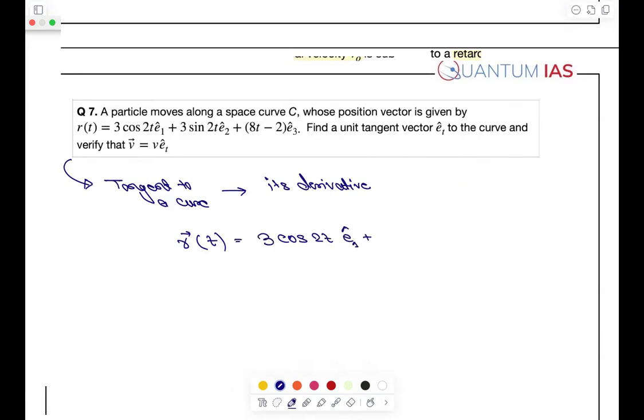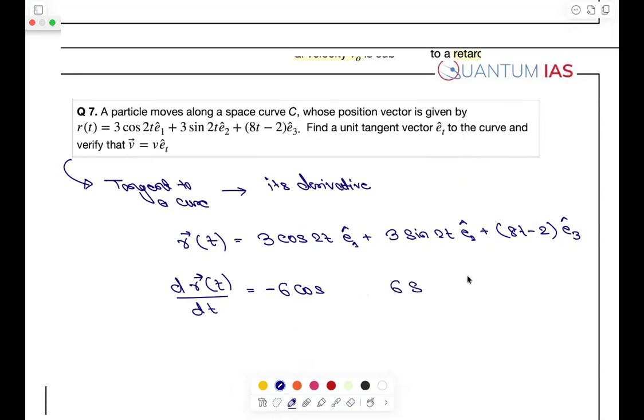I know you know these are called bases, or you can also just say unit vectors, 3 sin 2t E2 plus 8t minus 2 E3 cap. Now what will be its derivative? It will be simply dr by dt, right? dr by dt. And we can simply differentiate this. Cosine will give minus 6 cos 2t E1 cap. I hope this is a very easy one. Sin 2t E2 cap, and this will become 8 E3 cap, right?